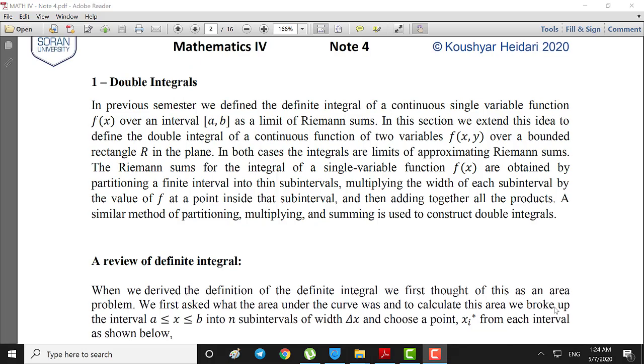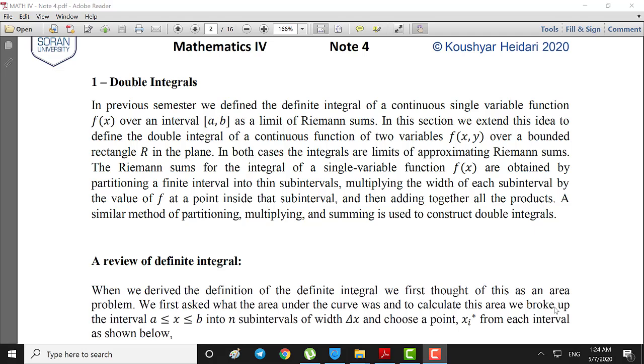and in both cases, meaning for a single variable function and a multivariable function, the integrals are defined as limits of approximating Riemann sums.